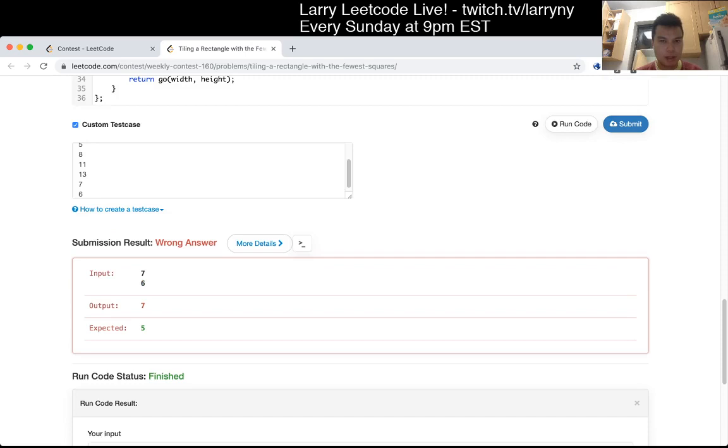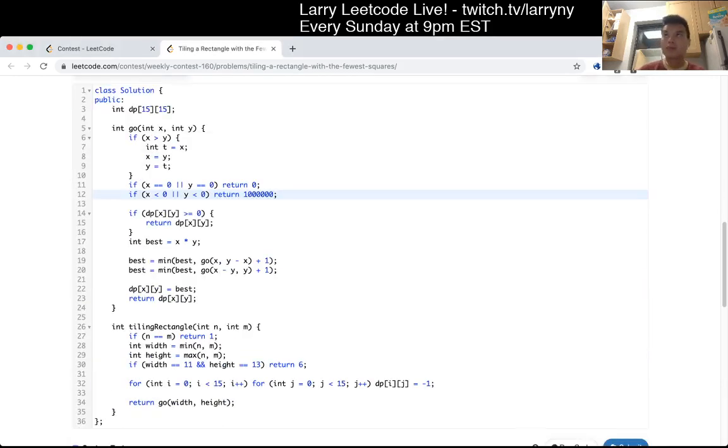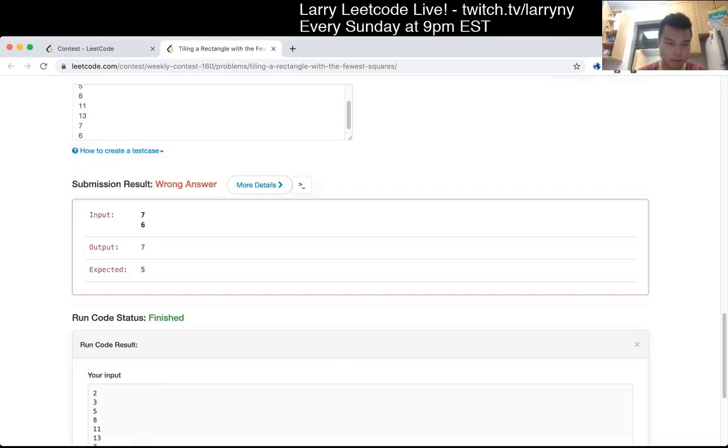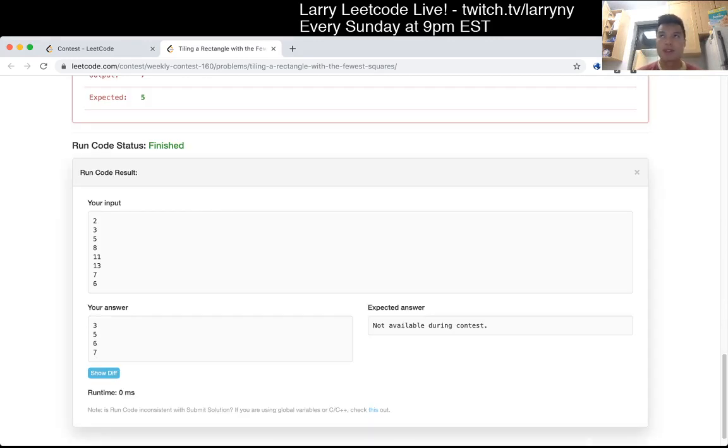Seven by six, how do you get 5? So you have 6 by 6, 1, and then you get 7.